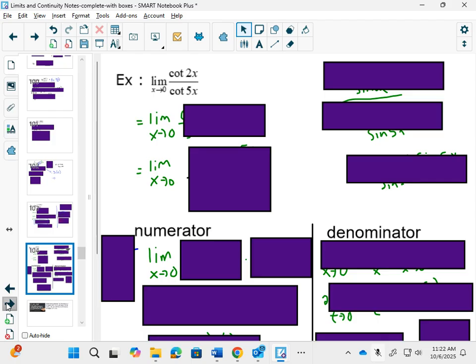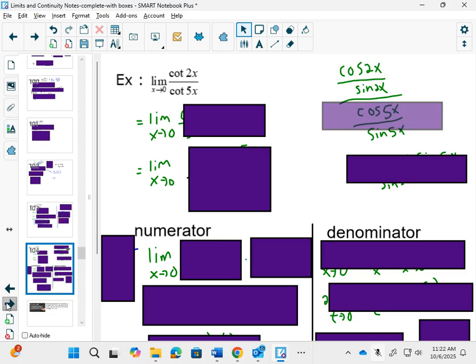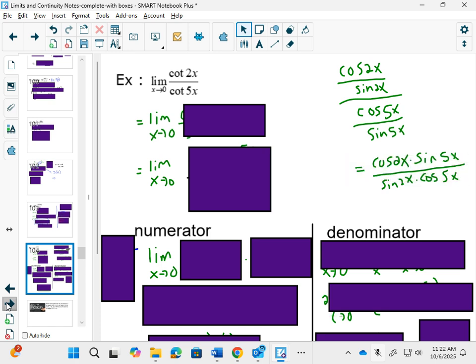All right, our last one, as x goes to 0, cotangent 2x over cotangent 5x. Cotangent is cos over sine. So you could change those with identities. And then multiplying by the reciprocal gives you cos 2x sine 5x over sine 2x cos 5x.